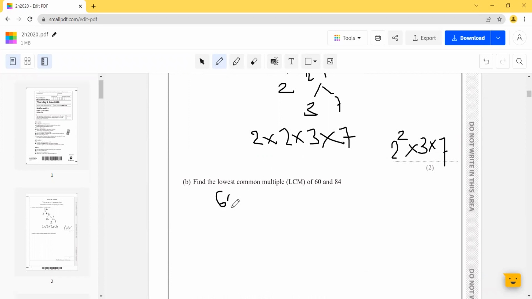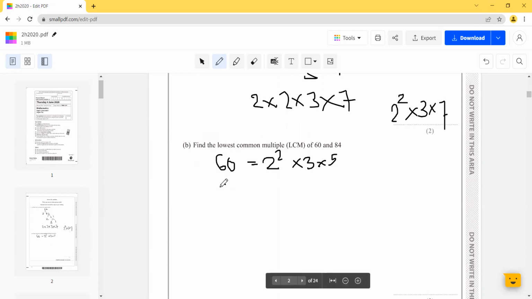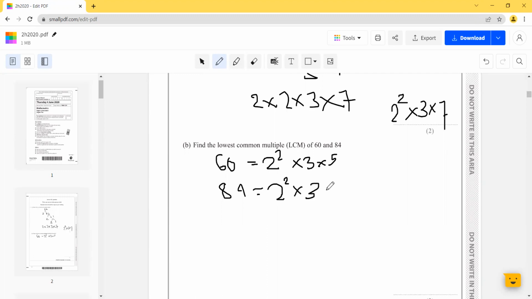Now 60 is equal to 2 squared times 3 times 5. Okay, and we know that 84 is 2 squared times 3 times 7.